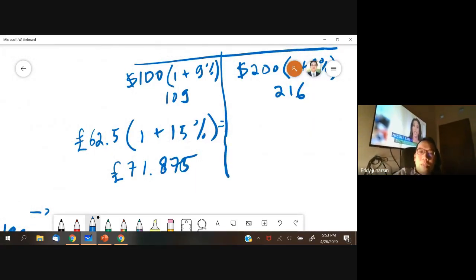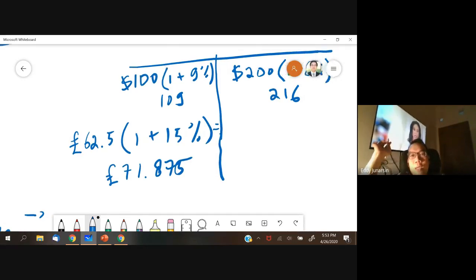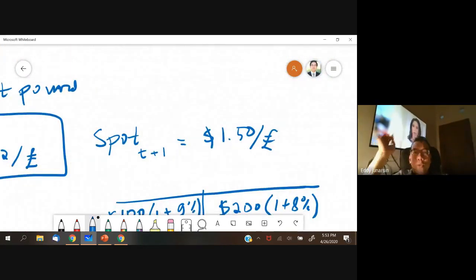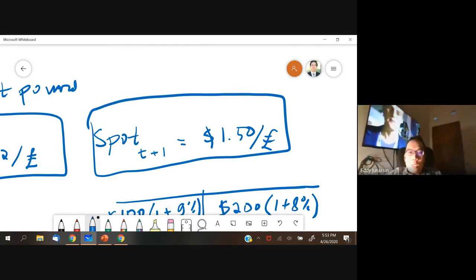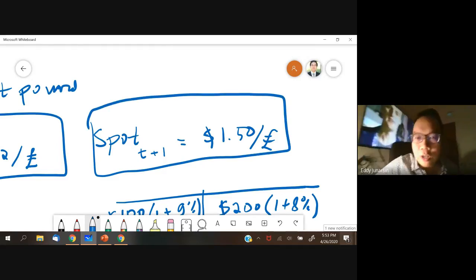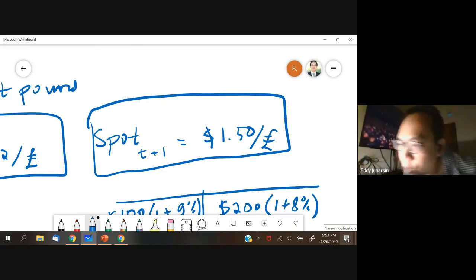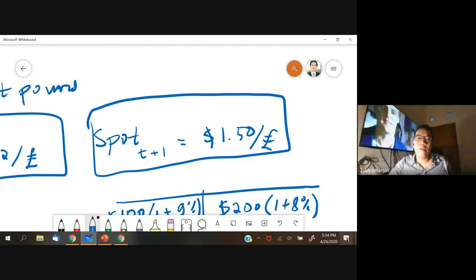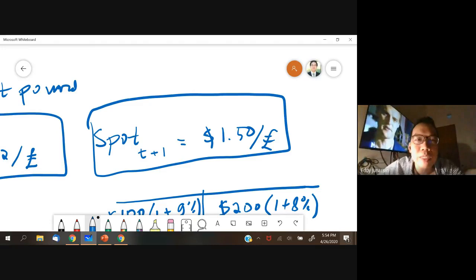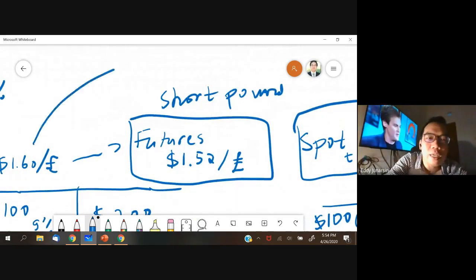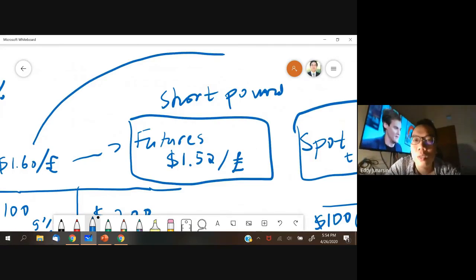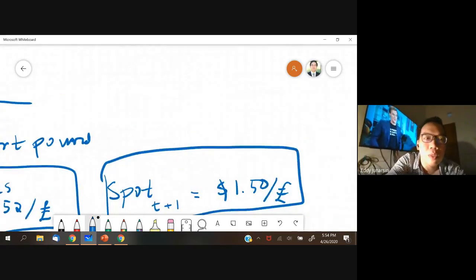Okay, but now see the problem here, right? The spot rate 1 year later is exactly what we feared, what we were afraid of, that the pound has depreciated. From 160 to 150.